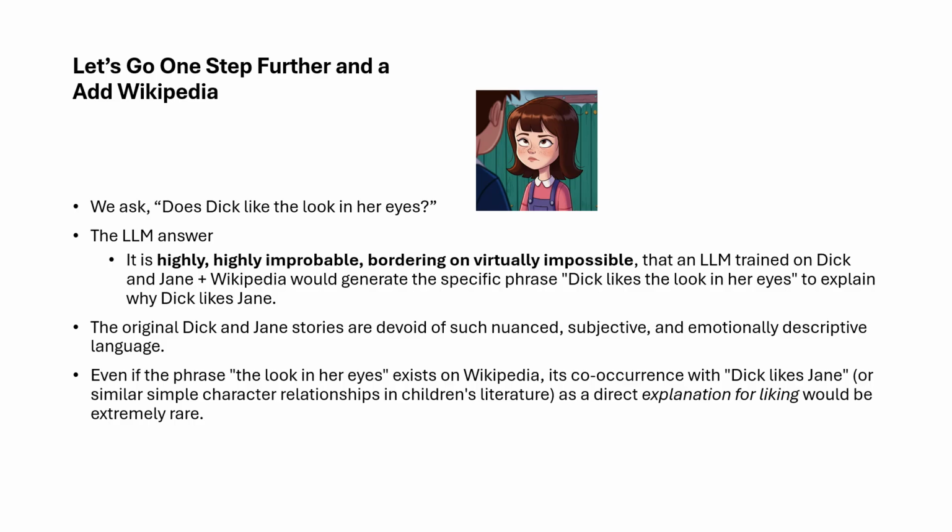Even though that phrase is in Wikipedia, it's so far away from the words that are in Dick and Jane that it's not going to form the relationship that is the likely next set of words that come out of the prompt that you fed it. Extremely rare that it would come up with that.